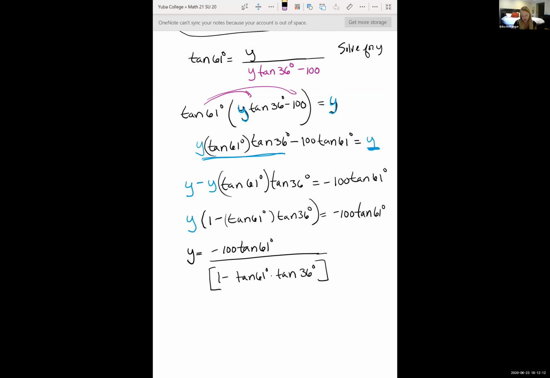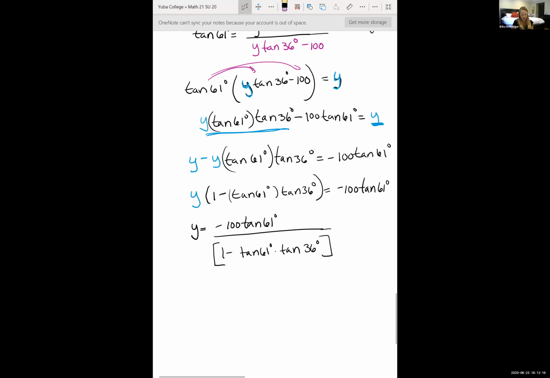Careful when you're plugging this into the calculator: where you place parentheses is very important, or it's not going to calculate right. Think of it as our whole numerator, negative 100 times tangent of 61. I close my parentheses for my angle and my numerator.